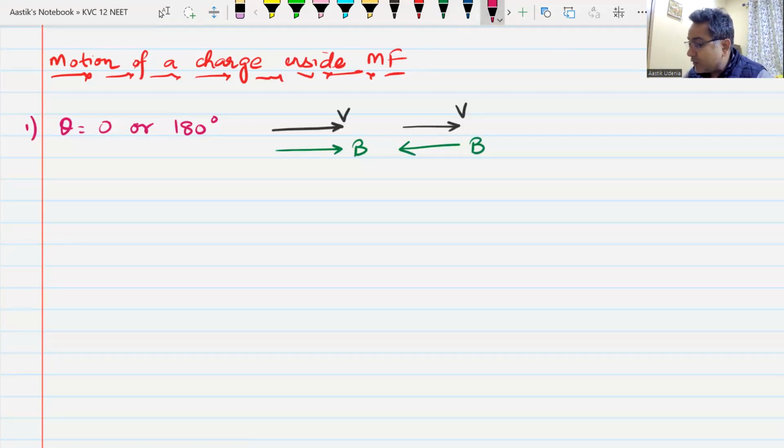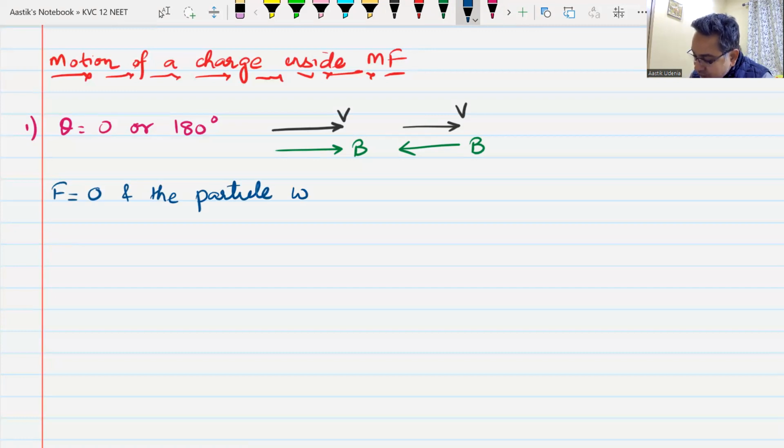In that case, what will happen, my dear friends? The force acting on the particle will be 0 and the particle would continue its original motion.